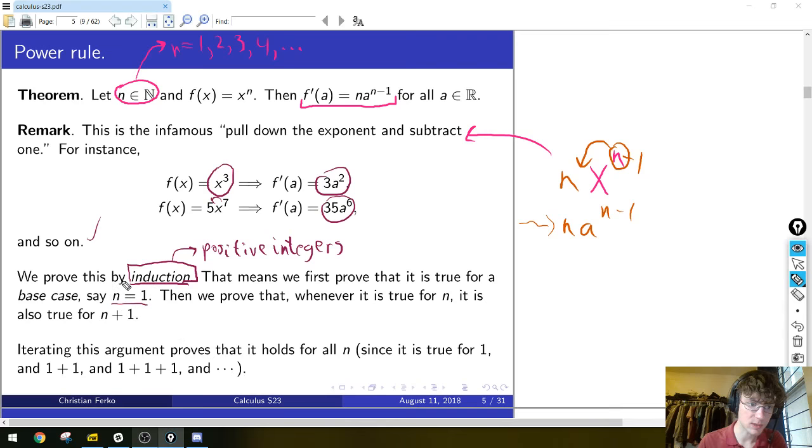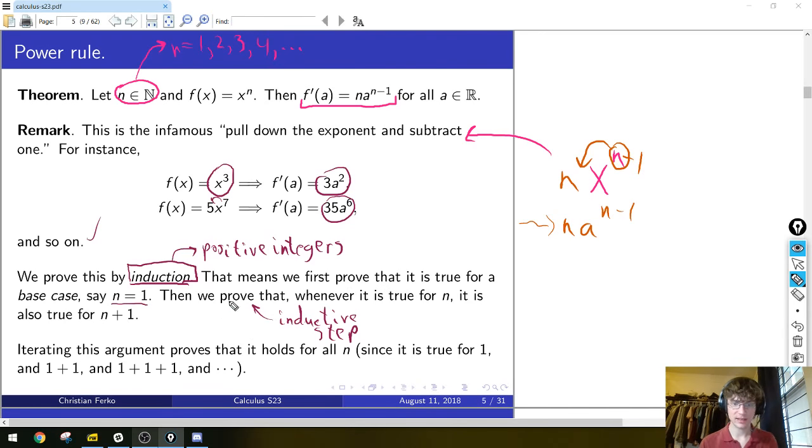So you prove that it's true when n equals 1, and then you prove what's called the inductive step. The inductive step is you prove that whenever the statement is true for a specific number n, it's also true for the next integer n plus 1. So you prove that true for n implies true for n plus 1.